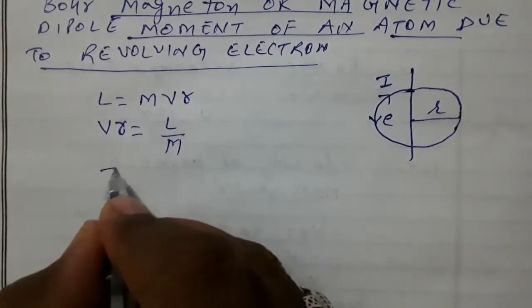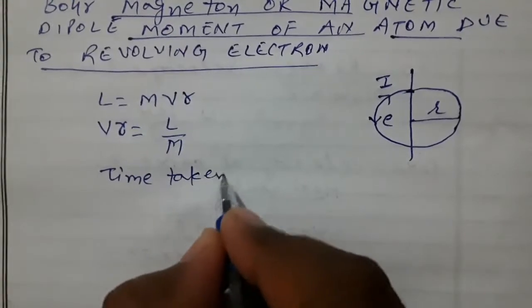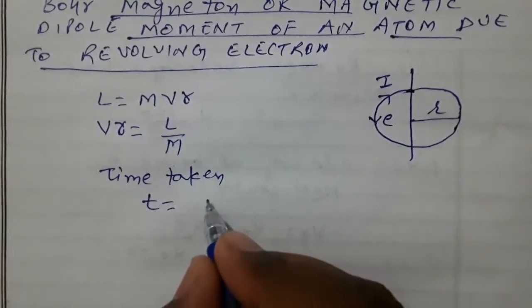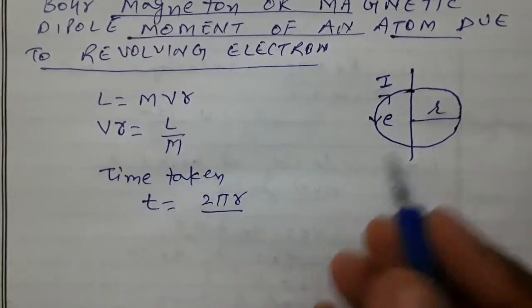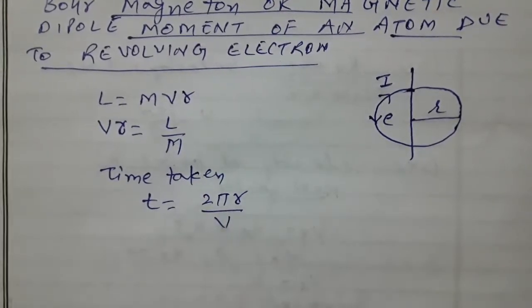Now, the time taken to complete one revolution, t, is equal to distance upon velocity, that is 2 pi r upon v.